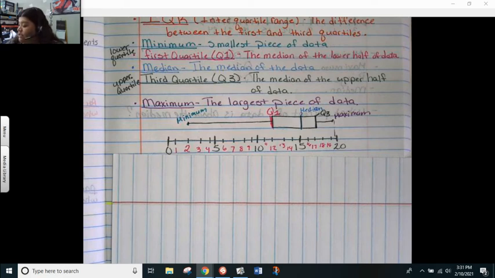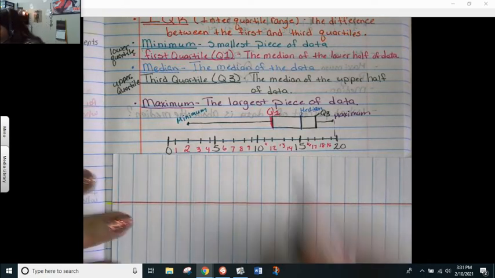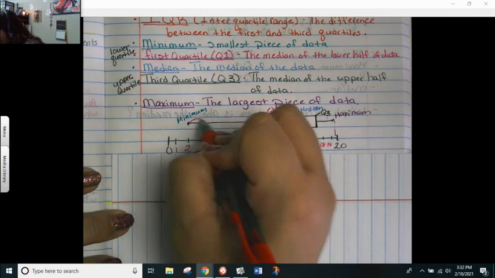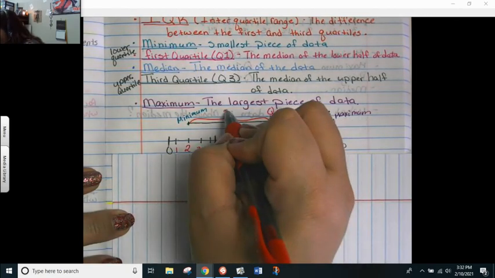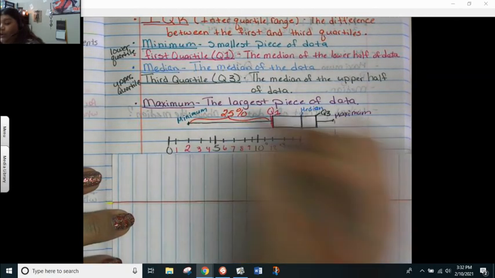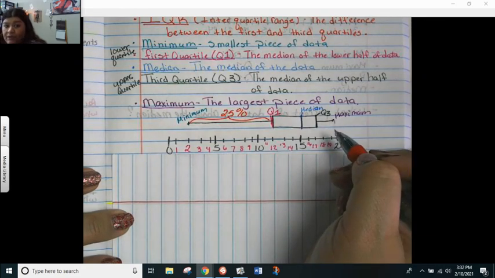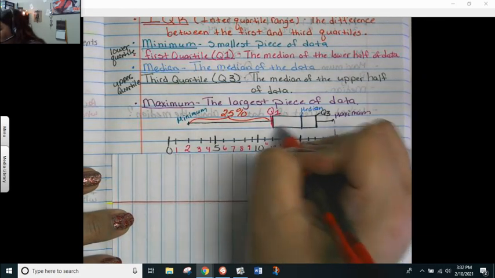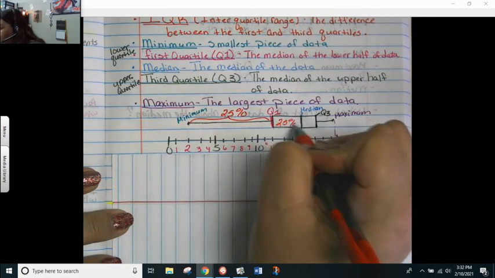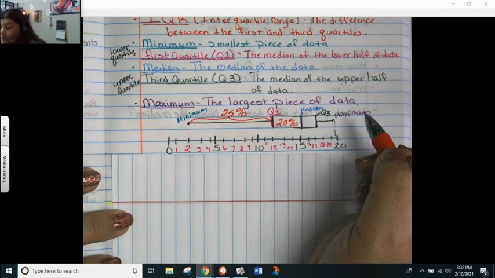So if they ever ask you what percent of your data is represented here, this is 100% of my data. I just put it into this box plot. This part from the minimum to Q1 represents 25% of my data. Q1 to the median is also 25% of my data.